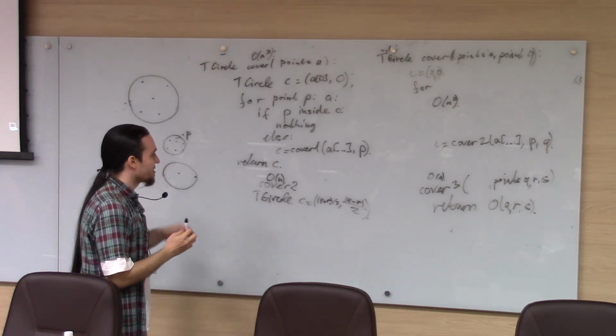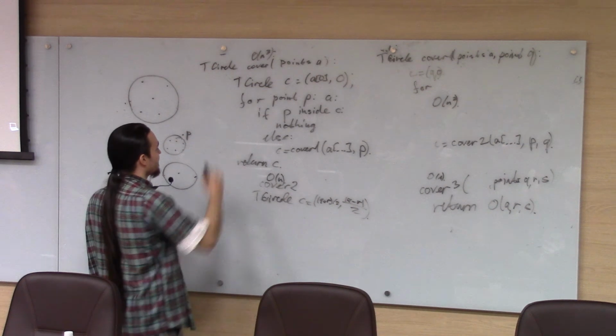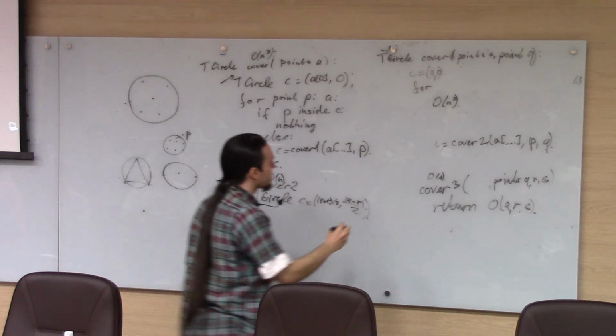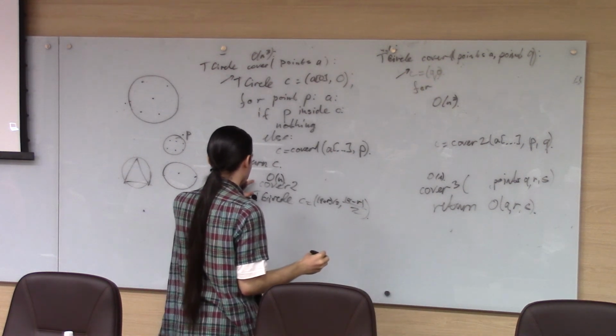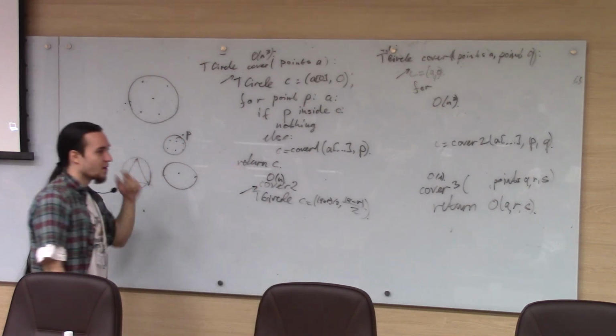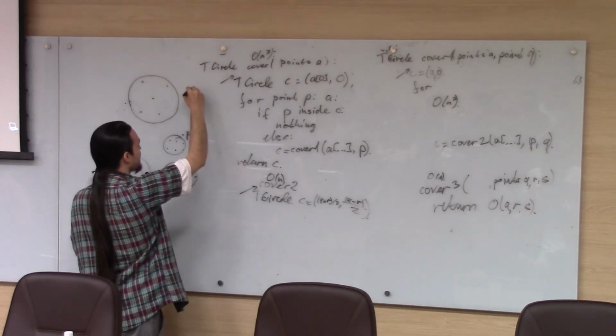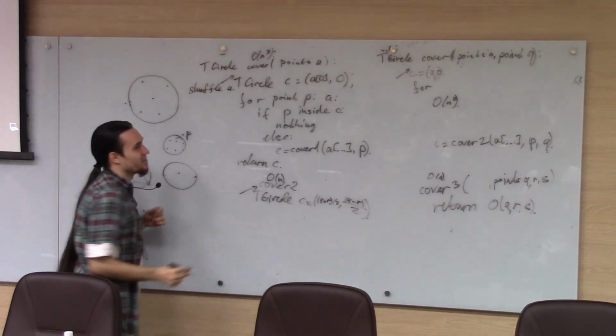But here comes the magic part. The magic part is that here, here, and well, here is not necessary, but we might do it anyway, we insert a single thing, and the thing is: shuffle A randomly.